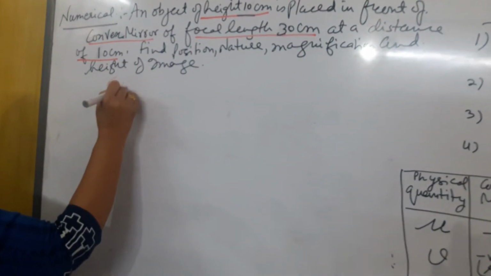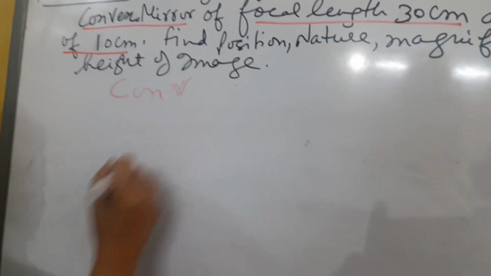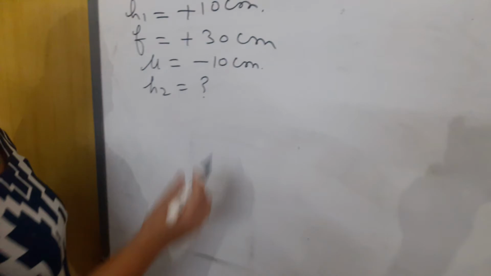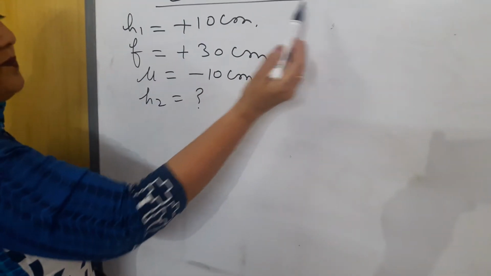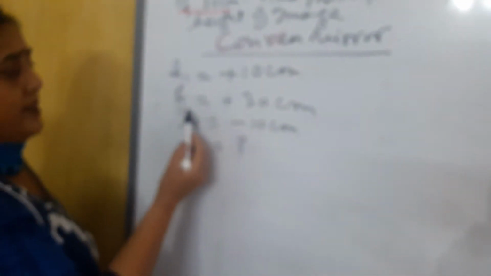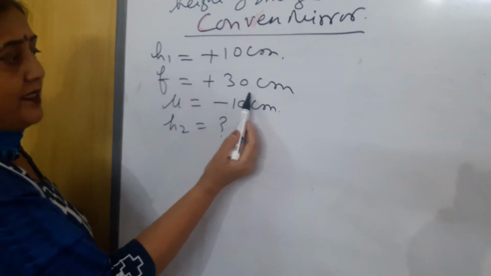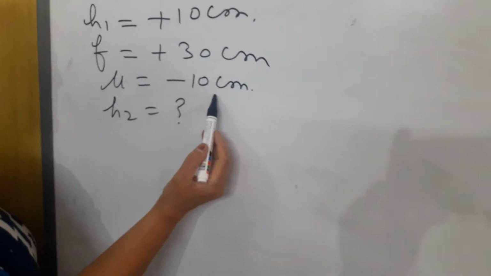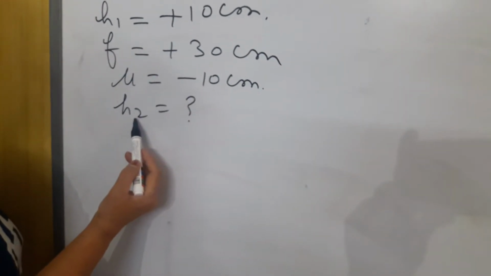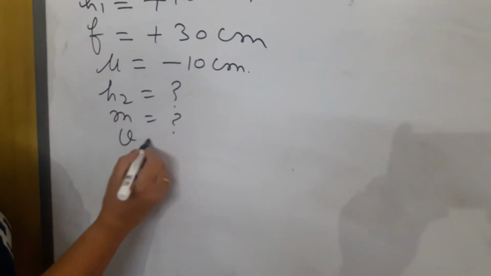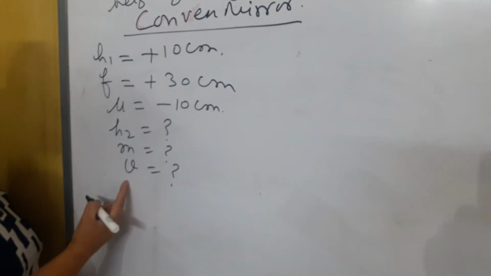It is a convex mirror. Height of object is 10 cm. Focal length is plus 30 and object distance is minus 10 cm. We have to calculate height of image, magnification and position of image, that is v.